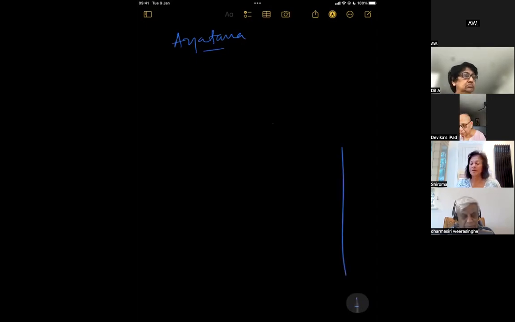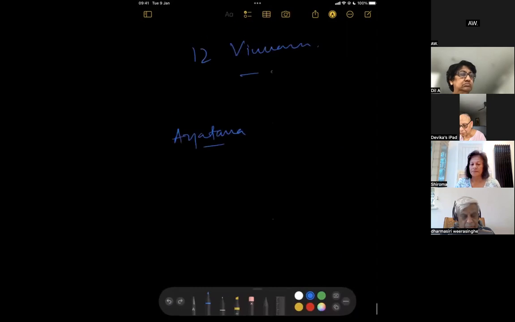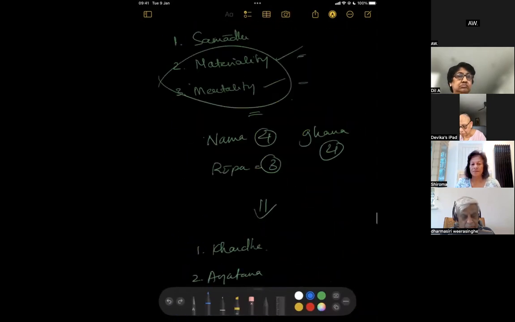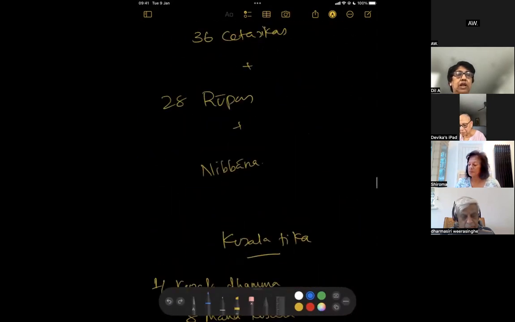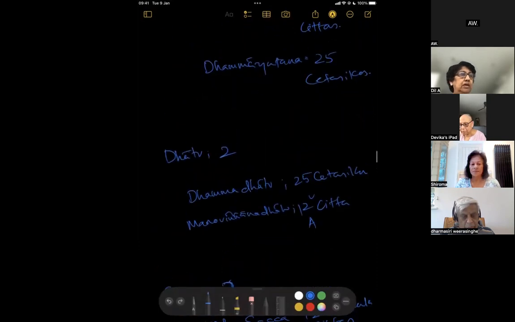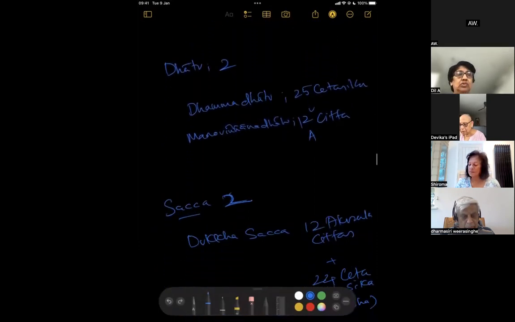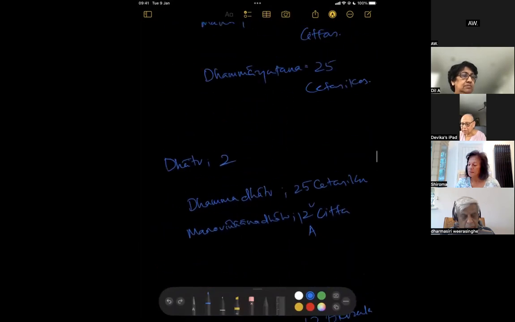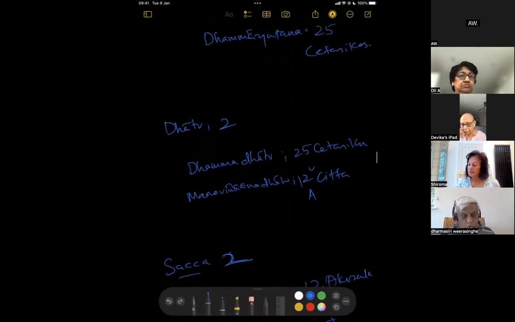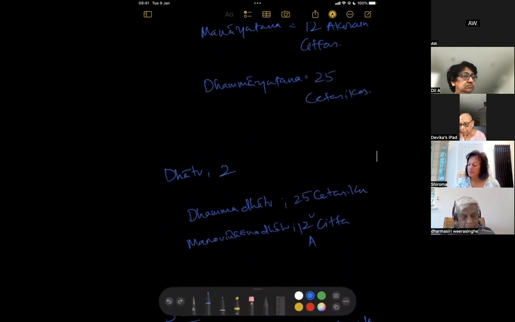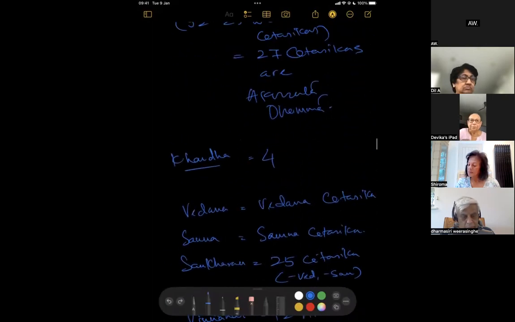Out of the 18 dhatus, the 12 unwholesome chittas are the first one, that is Manovinnana dhatu. And the 27 chetasikas are Dhamma dhatu.